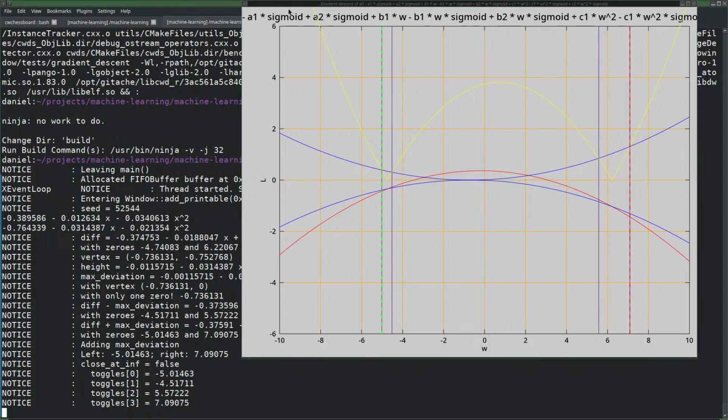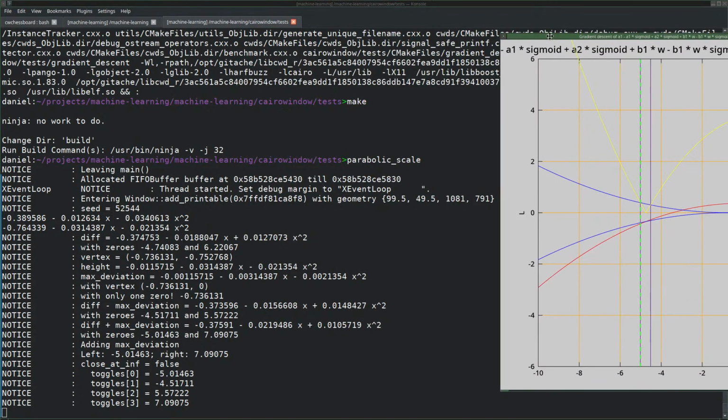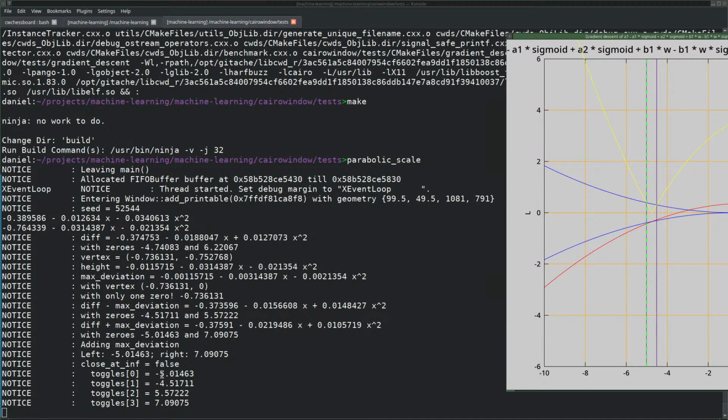And that is not that difficult, because you can just look at the values. That was recalculated again, but you can see it here already. So this dashed line here is at minus 5.01463, and that was again calculated here.